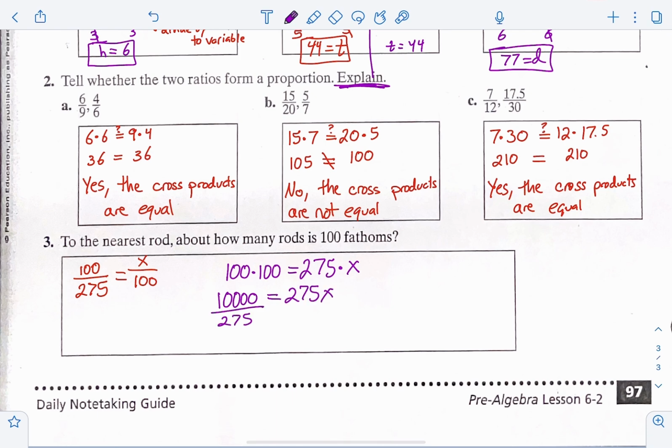Divide both sides by 275 so that you can cross it out and just have an x, and you get 36.36 that repeats over and over. So about 36 rods would be your answer. Okay, that wraps up lesson 6-2, where we were looking at proportions.